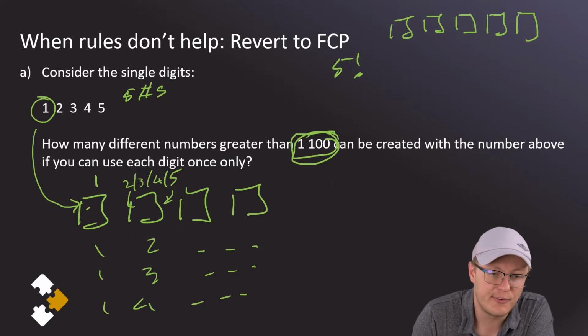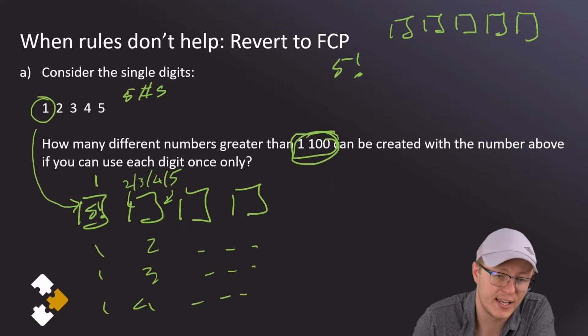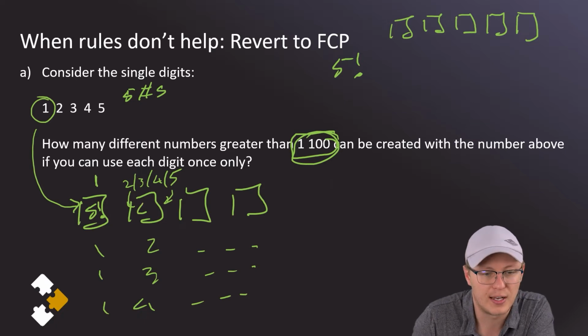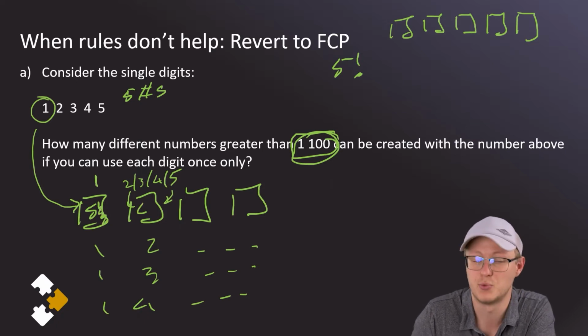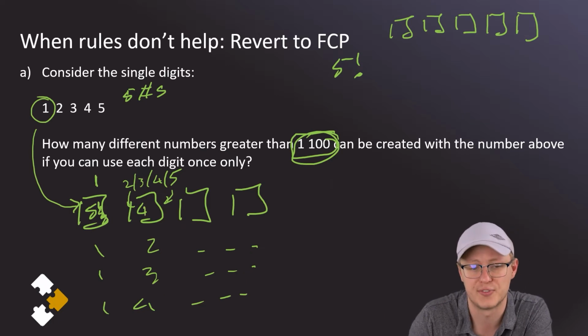So there are 5 ways in which we can choose the first number. 4 ways in which we can then choose the second, because we've already chosen one. Then 3, and then 2.